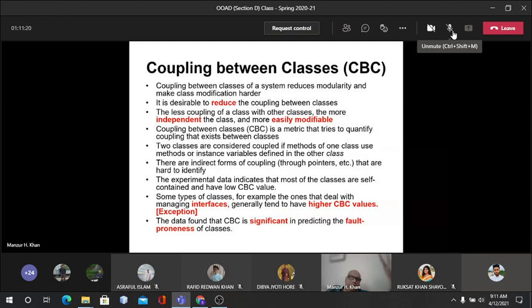These two actually introduce concepts beyond object orientation. We have adapted them in these two metrics, focusing on object orientation. But if you understand the inner concept, that is applicable anywhere.